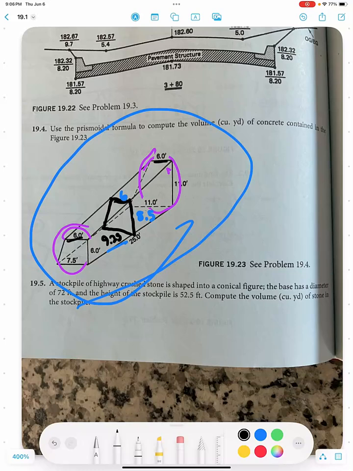The height starts at 6 and 11, so 6 plus 11 over 2, 17 divided by 2, so you get 8.5 there. The base, 7.5 and 11, so 7.5 plus 11, divide that whole thing by 2, is 9.25.